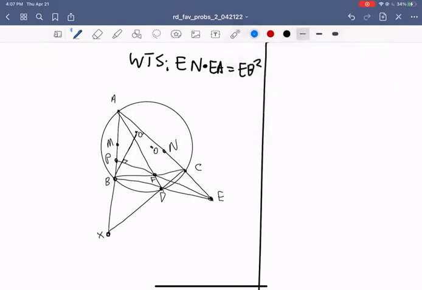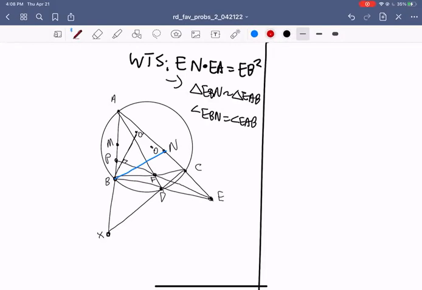And that's equivalent to showing that triangle EBN is similar to triangle EAB, or that angle EBN is equal to angle EAB. And then we would be done by angle similarity because angle E is shared between them.